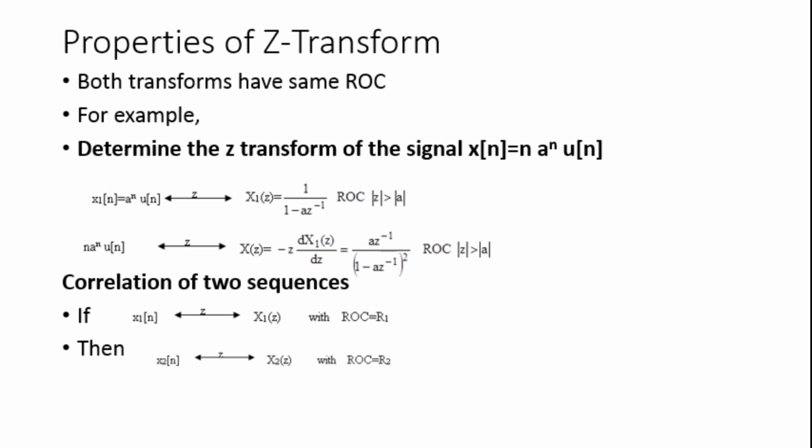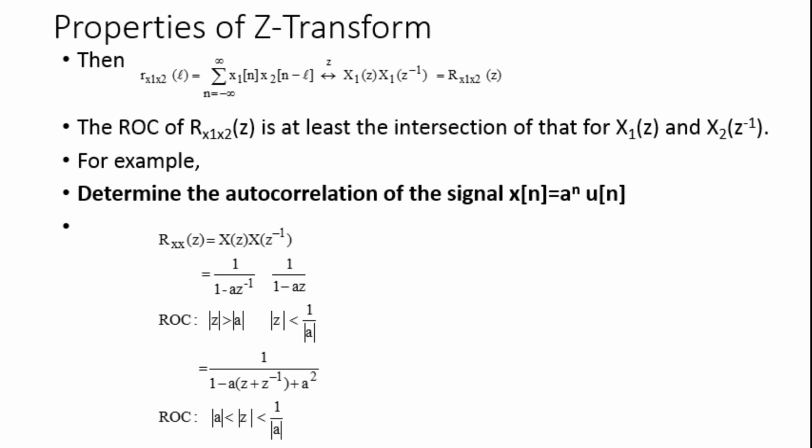Next property is correlation of two sequences. If the z transform of x1(n) is X1(z) with ROC R1, and the z transform of x2(n) is X2(z) with ROC R2, then the correlation r_x1x2(l) is equal to the summation from n equals minus infinity to infinity of x1(n) x2(n - l).